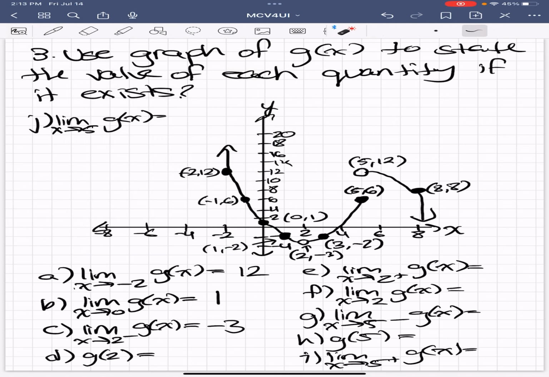Because it's an open circle, the result of g of 2 would be inconclusive, so it does not exist.